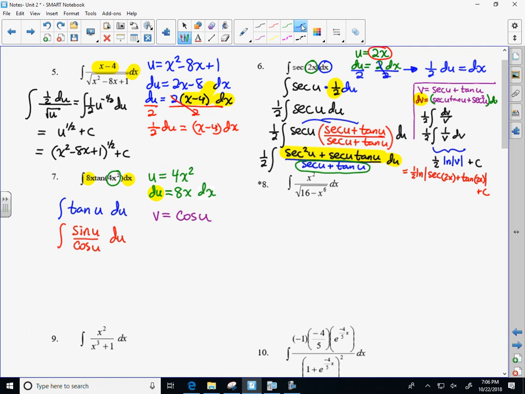You definitely don't want that. So differentiate: dv is equal to negative sine u du. That's the exact opposite of what I want, so let me negate. Negative dv is equal to the sine of u du.